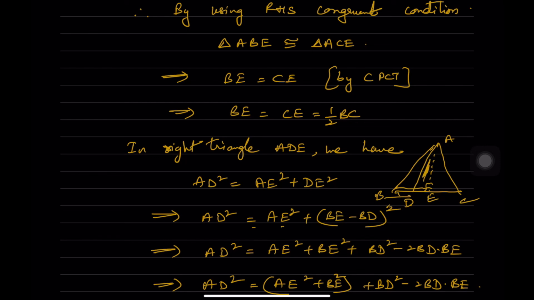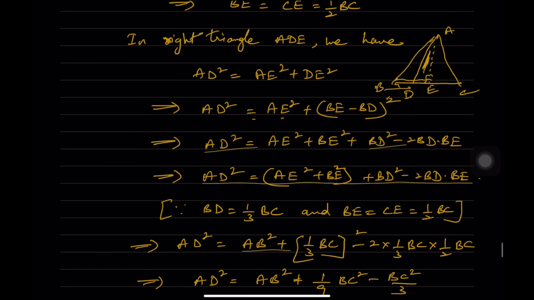So AD square is equal to AE square plus (BE minus BD) whole square. Expanding this using the (A minus B) whole square formula, you get BE square plus BD square minus 2BD into BE. So AD square is equal to AE square plus BE square plus BD square minus 2BD into BE. We have taken this together.